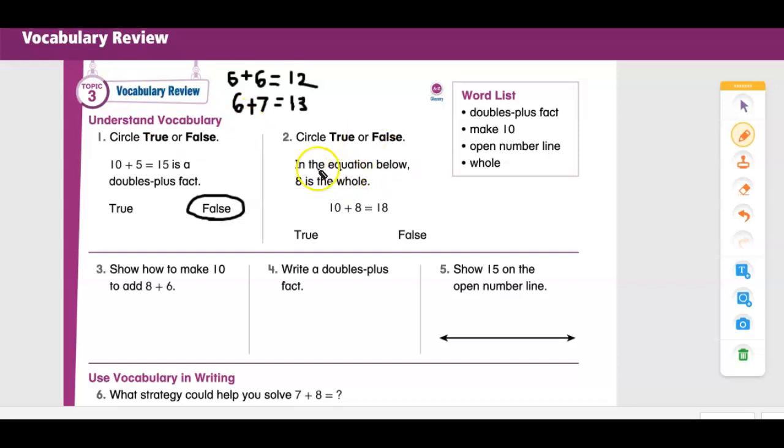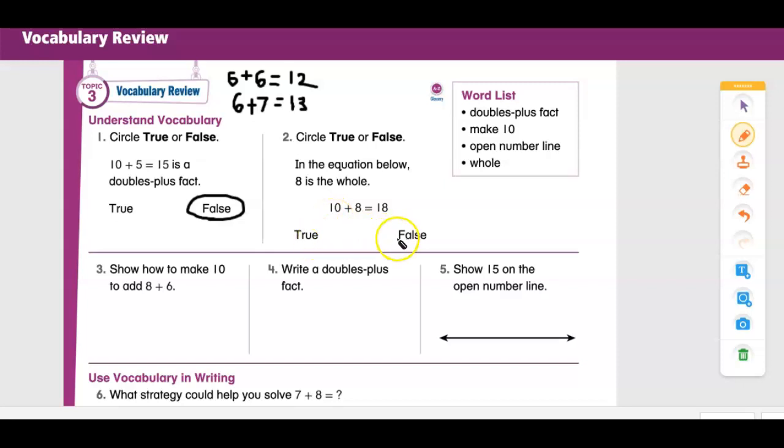In number 2, it says circle true or false, just like we did in number 1. It says in the equation below, 8 is the whole. 10 plus 8 equals 18. So we need to decide, is 8 the whole of this equation?